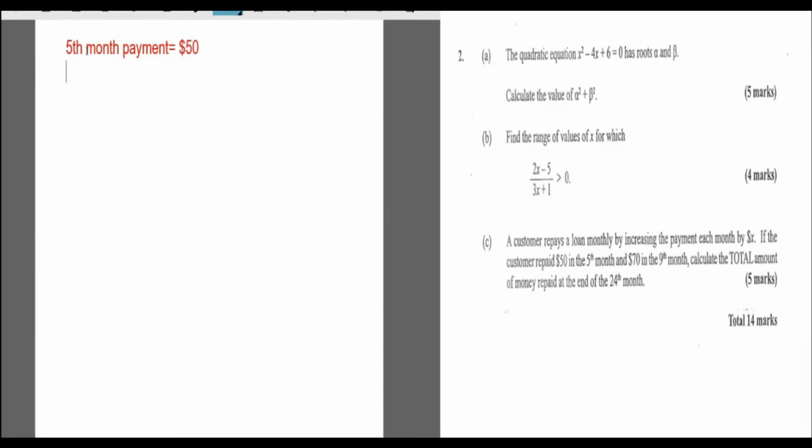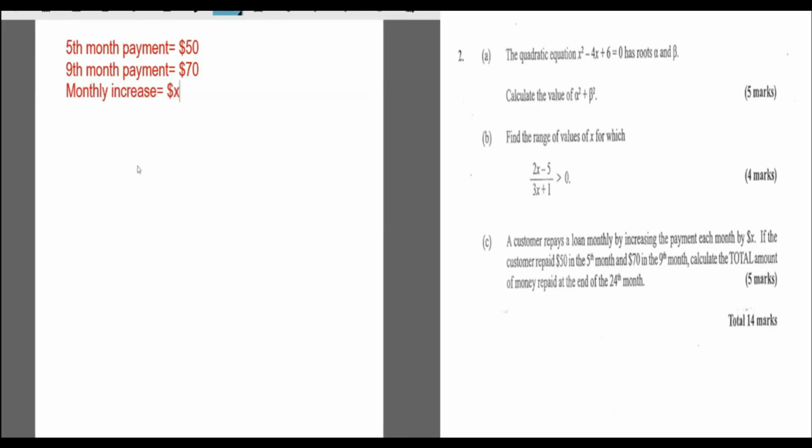And it said that in the 9th month, the payment was $70, all right? And it says each month, the payment increased by X dollars. So the monthly increase is equal to X dollars.